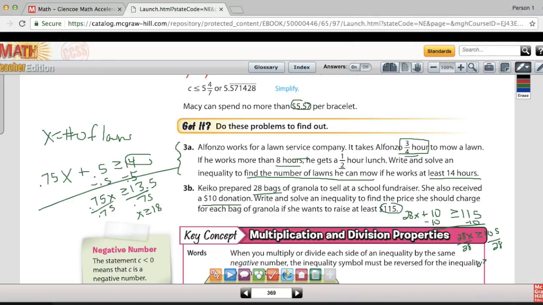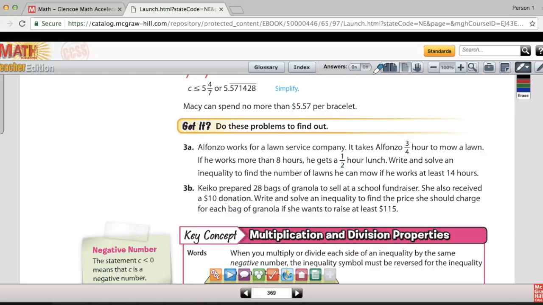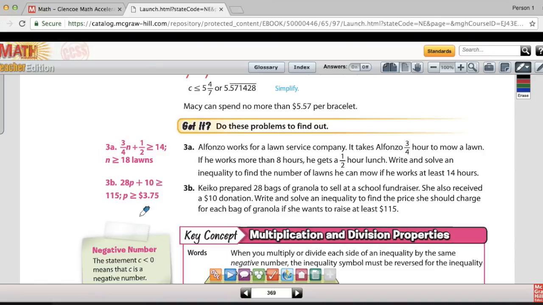So she should charge at least $3.75 if she wants to make that $115 goal. So let me just erase that and make sure that my answer was correct. 28p plus the $10 greater than or equal, and then when you solve it, $3.75 is the answer.